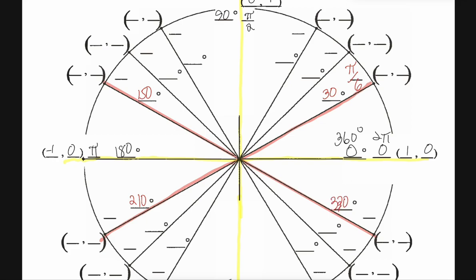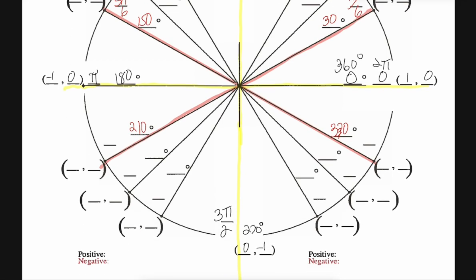Now let's do the radians everywhere. Everything's related to pi over 6. How many 30s are there in 150? 5. 30 goes into 150 5 times, so that's 5 pi over 6.